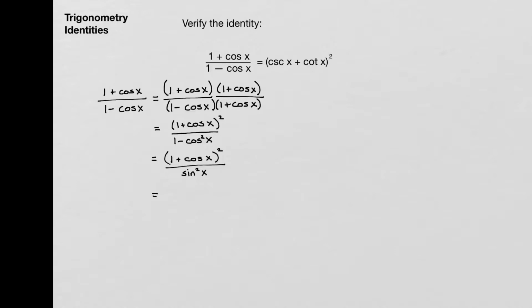So now I have something in the numerator squared and something in the denominator squared, and I can use my rule of exponents to make this just one big fraction, 1 plus cosine x all over sine x, and then this whole fraction squared. And so normally in algebra, you go in reverse. You'll take something like this, and you'll distribute the exponent to the top and to the bottom. So we're just working that backwards.